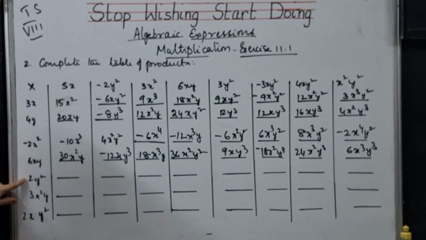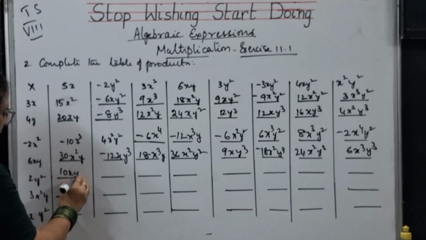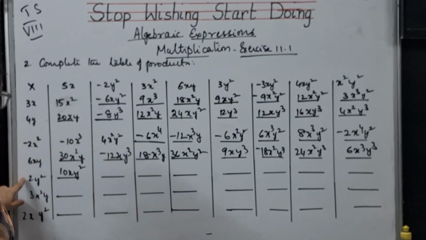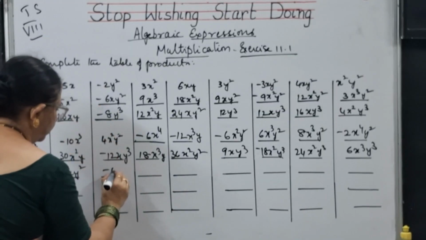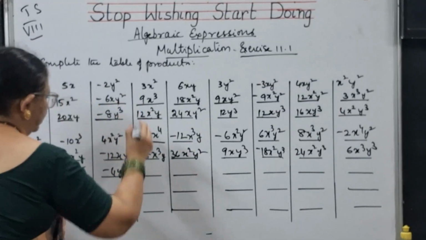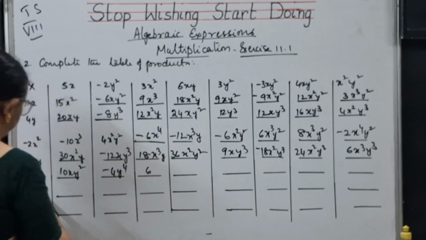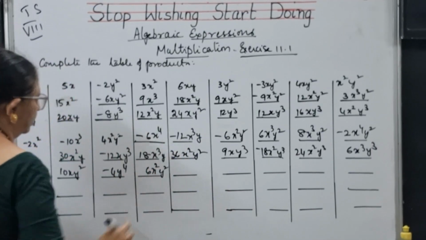Next, 2 5s are 10, plus 10 x y square. Again, plus into minus minus, 2 2s are 4 y to the power of 4. Next, plus 2 3s are 6 y square x square, that is x square y square.